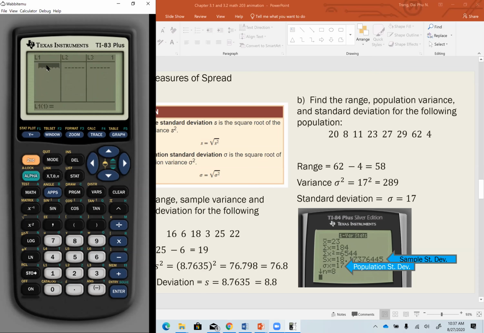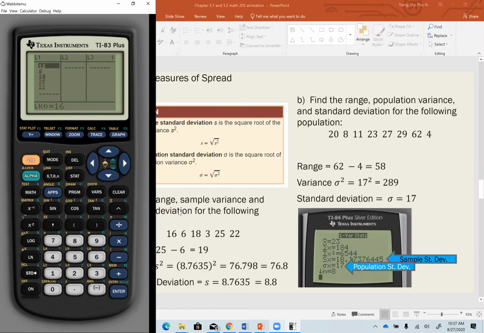So all I need to do is type in 16, 6, 18, 25, and 22. I have 6 data, but I'm missing a 3. The reason I know I missed a data point is that it says L1 number 6, meaning this location is number 6, so I only have 5 data: 1, 2, 3, 4, 5.